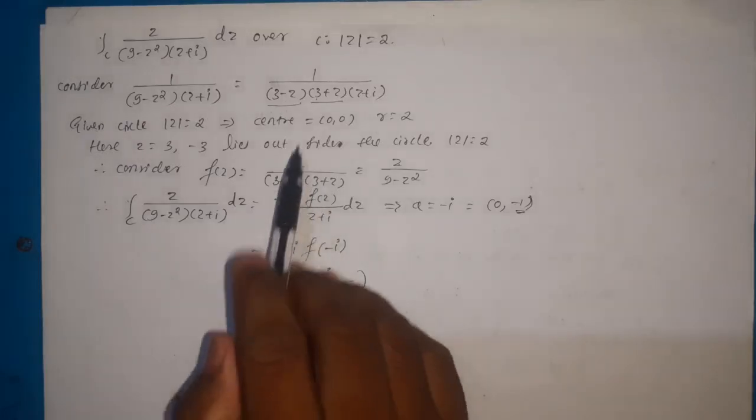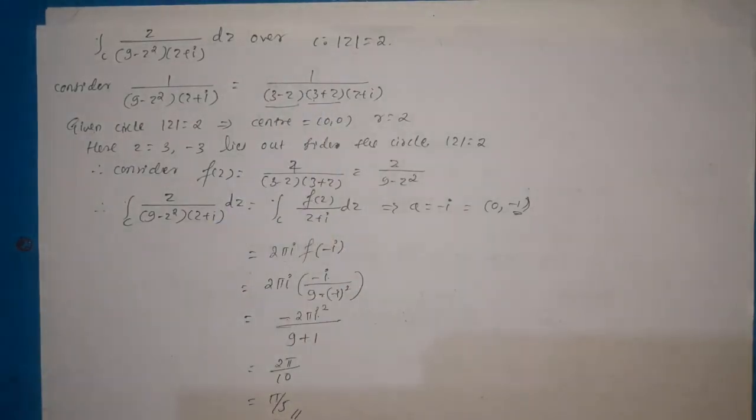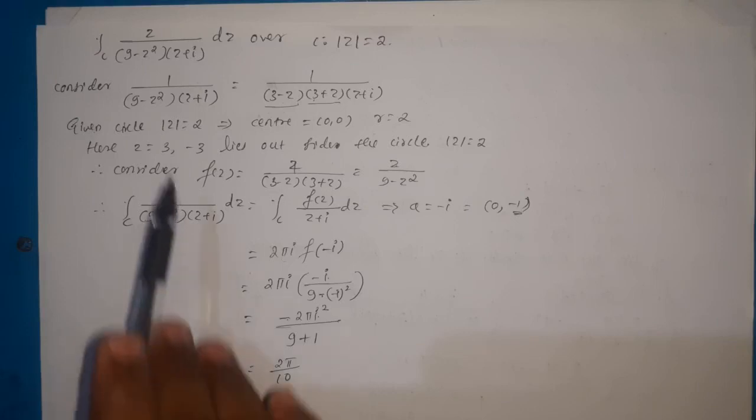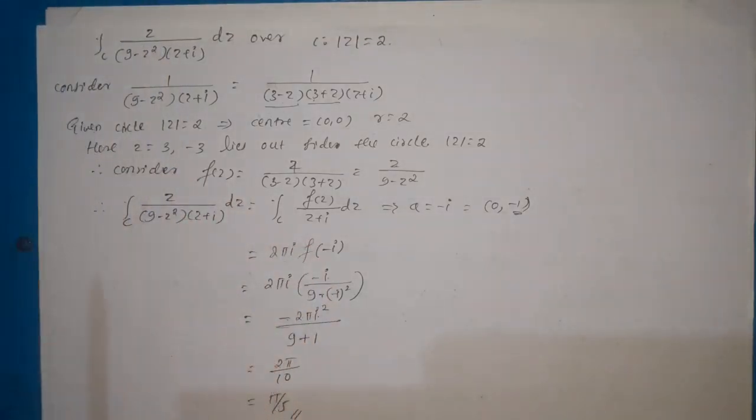So here we already know that these 2 points are outside the circle. Whenever the points are outside the circle, merge those factors with f of z. Along with the numerator, we merge the denominator factors whose points lie outside the given circle.